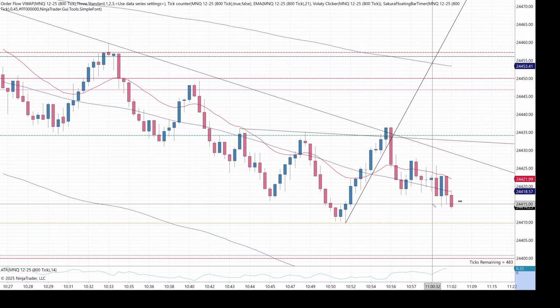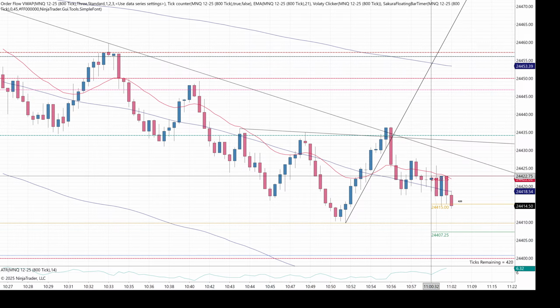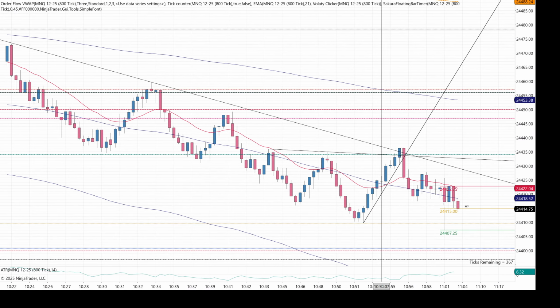Okay, so this triggered lower, but we can't take it. There's not enough room until we hit the golden ruler here.